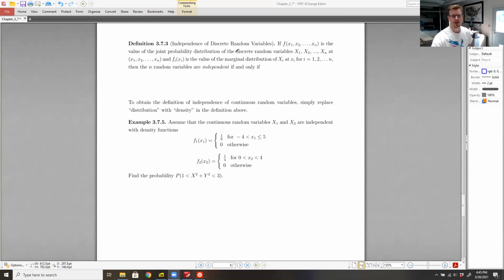So the independence of discrete random variables is the particular definition that's given.